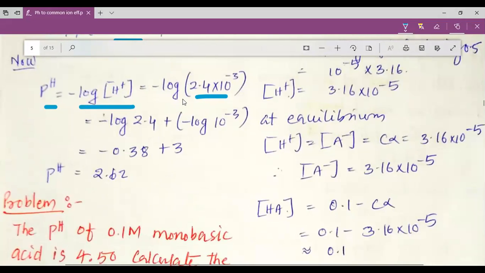We know that log of x into y is equal to log of x plus log of y, log of a raised to x is equal to x log a, and log of 10 is equal to 1. So minus log of 10 to the power minus 3 is plus 3, and minus log of 2.4 is minus 0.38, and finally we get the pH is equal to 2.62.